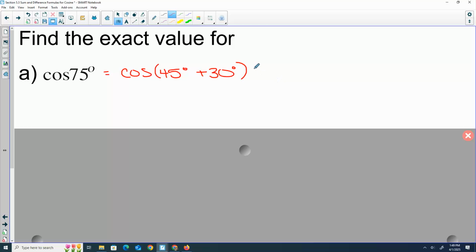So from our formula sheet, cosine of A plus B breaks into cosine of the first, cosine of the second, minus sine of the first one, sine of the second one.